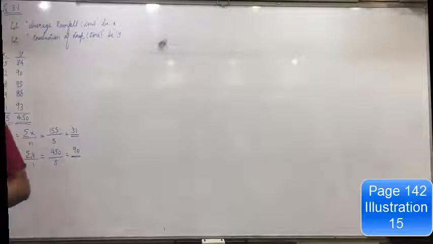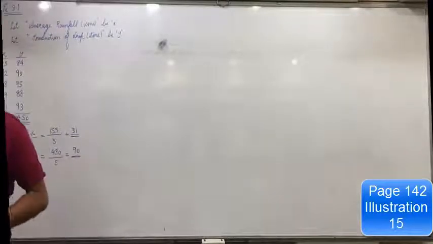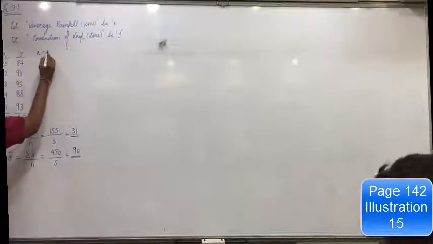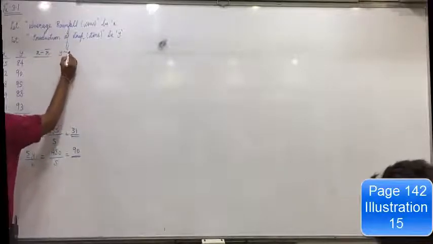Does it come in integers or fractions? Integers. It does not come in decimals. That indicates which formula we have to use? X minus X bar and Y minus Y bar. What workings will be required? X minus X bar, then Y minus Y bar.